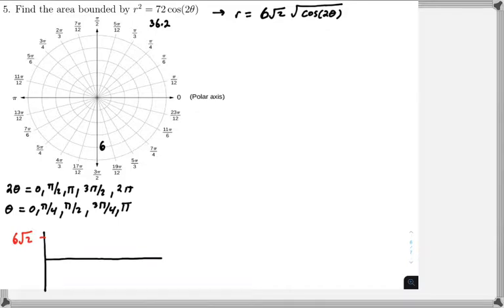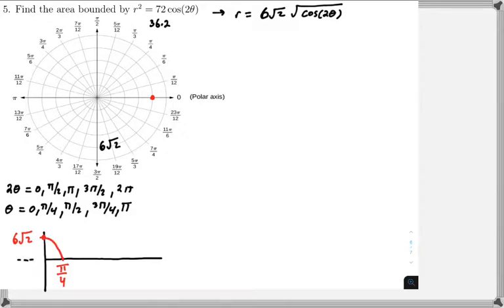So we're going to just use the fourth ring to be our 6 root 2. At 0, we're going to have the point 6 root 2 comma 0 right there. And then at pi over 4, we're going to be at 0.